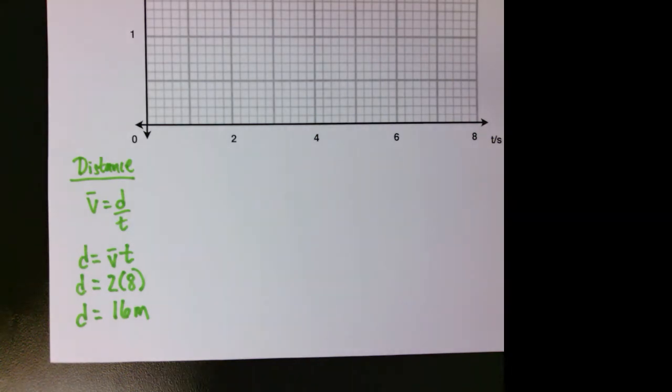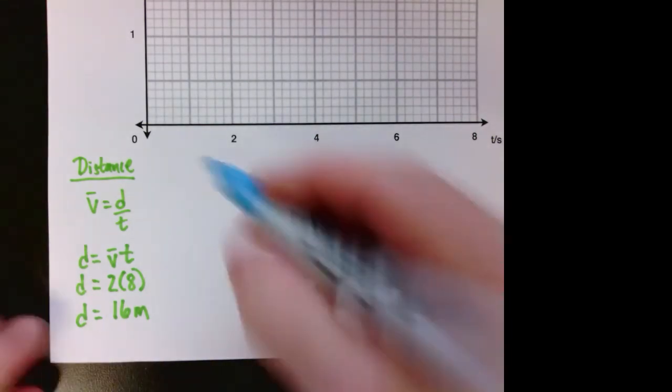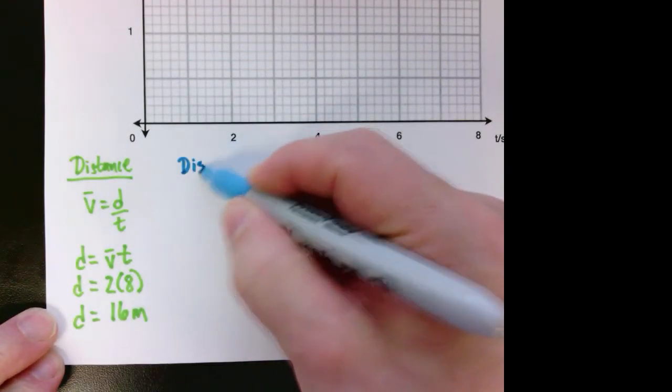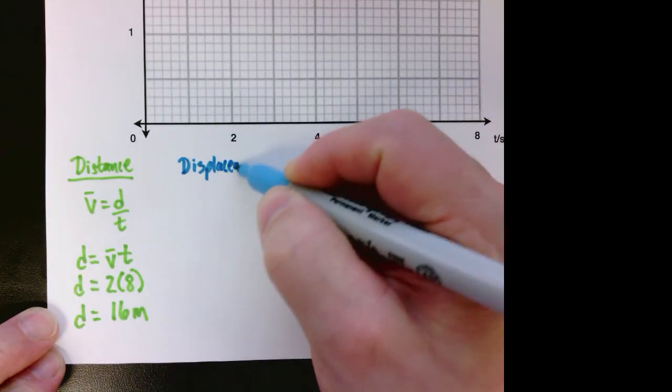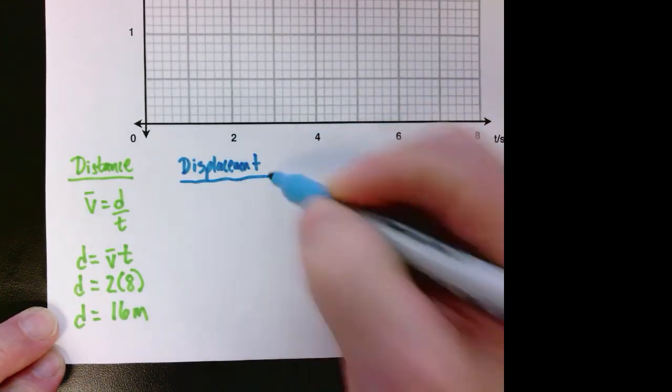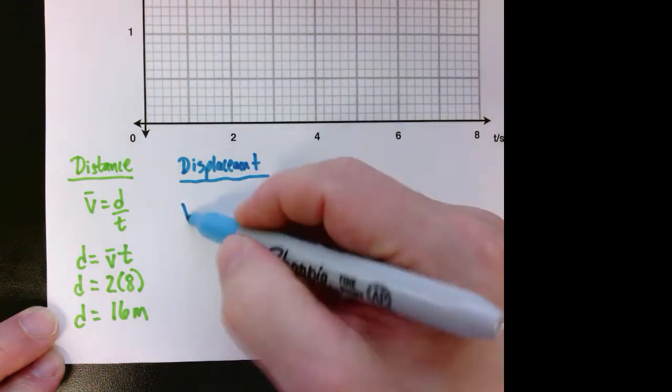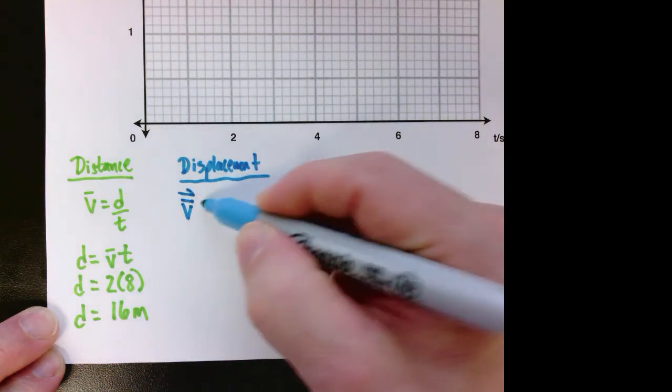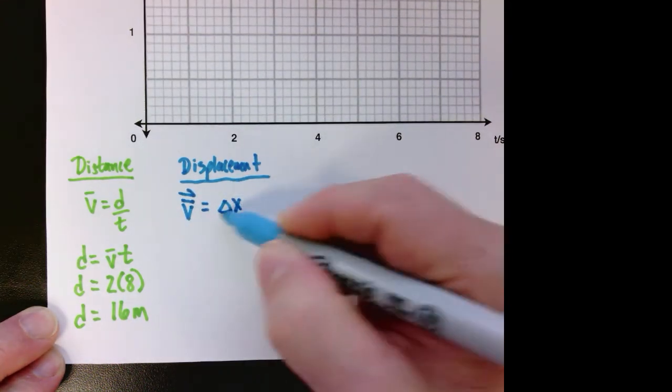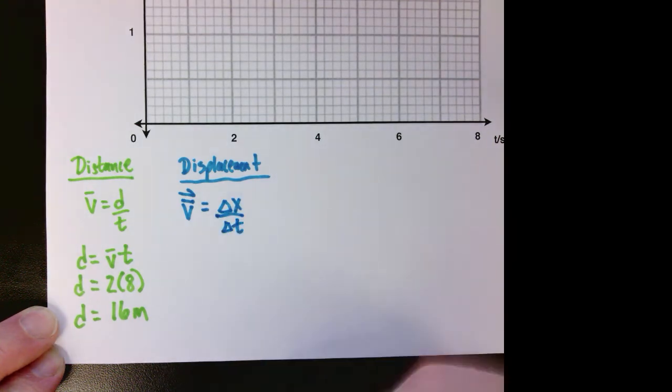Now we can also take a look at this from the displacement perspective. We know that the average velocity is the change in position over the change in time.